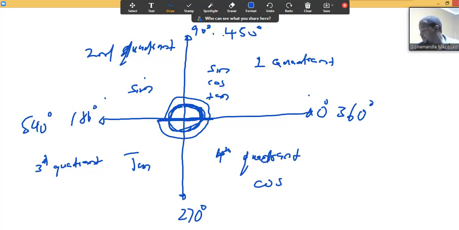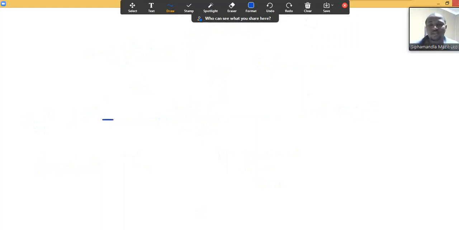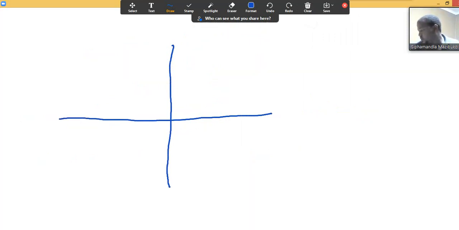Let's quickly look at some examples, just to get an understanding of what we're talking about. Suppose we have something like that, and then we have our line here, and this is our right angle triangle, and we have point P, and our point P is maybe (-3, 4).